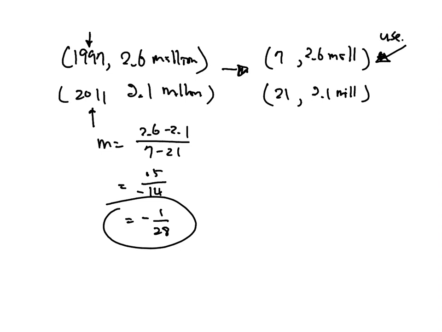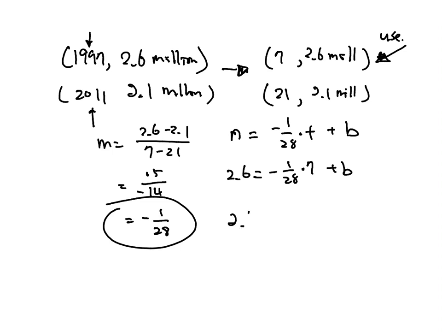So I get, let me see, number of participants equal negative 1 over 28 times t, which is the time, and plus b. I have no idea what b is. Plug everything in. I'm going to say this is 2.6 equal negative 1 over 28 times 7 plus b. Negative 1 over 28 times 7, that's a quarter.